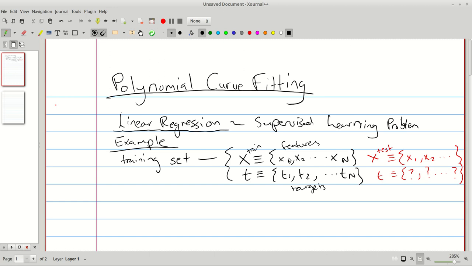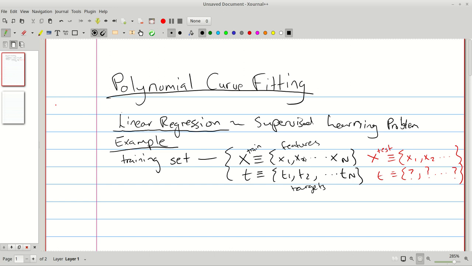So what can X be? In the previous lecture we said it can be something like an image, but it can also be something simple. Let's say someone gives you a problem: can you predict the price of a house if I give you just the size of it? He gives you a bunch of different house sizes and the corresponding prices, and then asks you to devise a model such that if you input a new size, it outputs what the price of that house possibly is. This is another problem you can have.